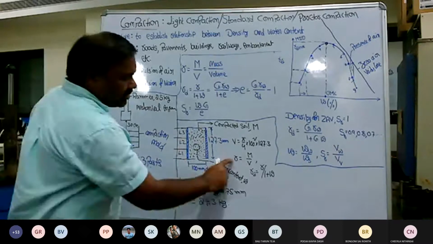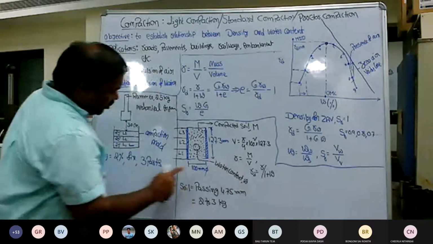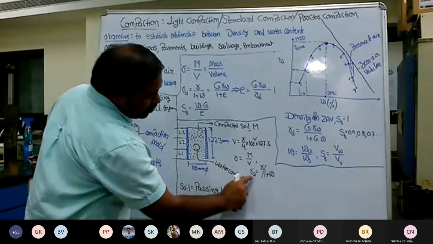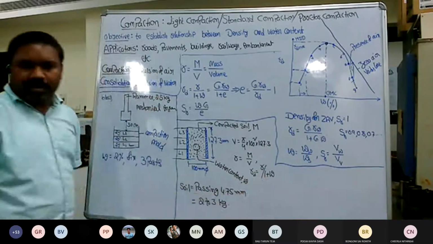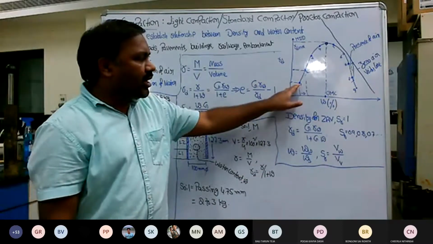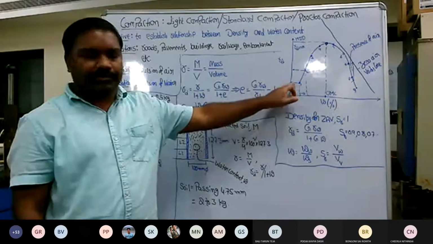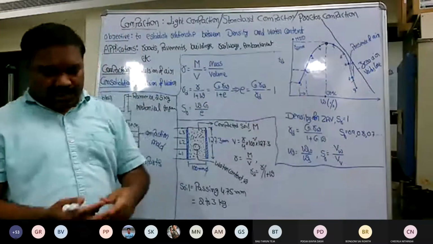That gives us the gamma value. Next, once I know gamma and the water content, I can calculate gamma d. Gamma d is equal to gamma divided by 1 plus water content. Thereby I get point number 1, a gamma d value and the corresponding moisture content.